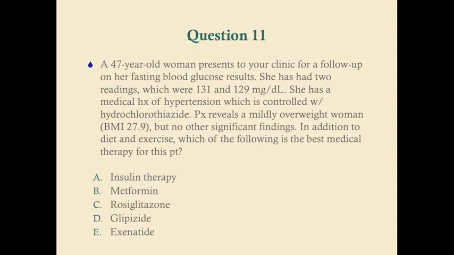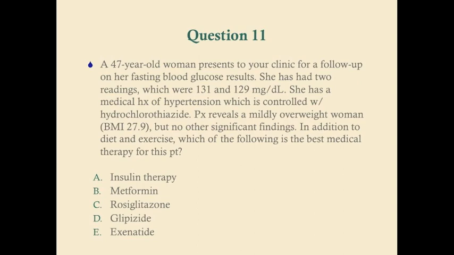In addition to diet and exercise, which of the following is the best medical therapy for this patient? A, insulin therapy, B, metformin, C, rosiglitazone, D, glipizide, or E, exenatide? I'm just going to add here that this patient has a hemoglobin A1C of 7%.